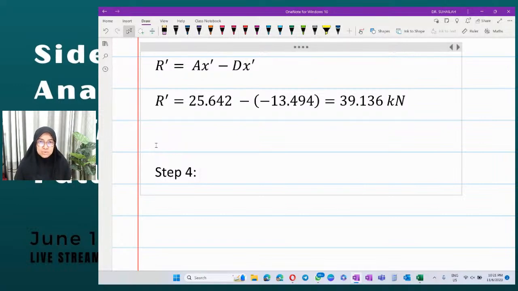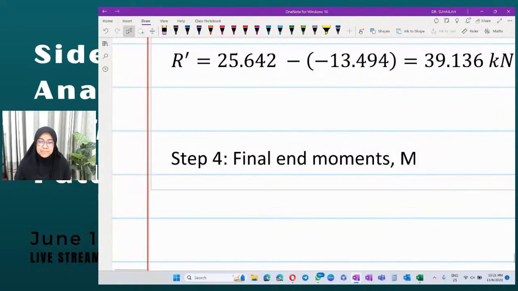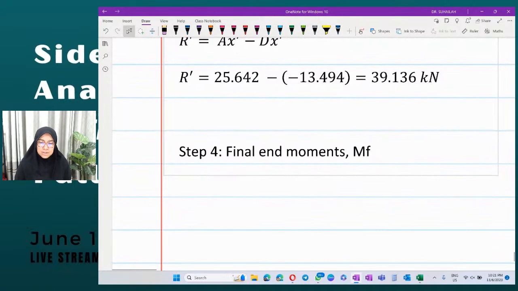Okay, so we want to calculate the final end moment, MF. And MF, by applying the principle of superposition.